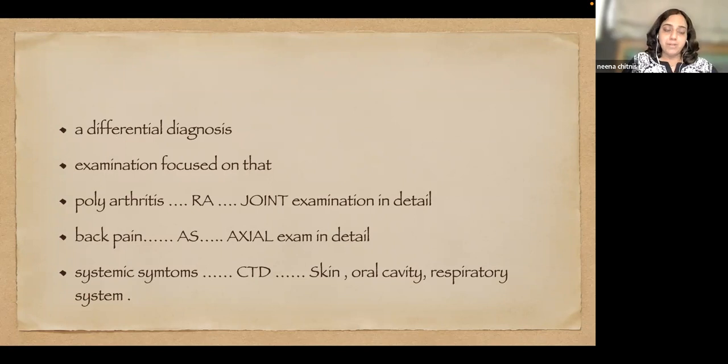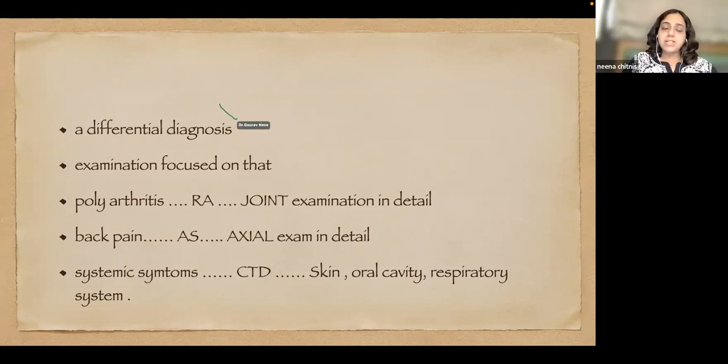So for example, if the patient, while telling you the history, has told you about polyarthritis, so the patient has pain and swelling and redness in the joints, somewhere you think, yeah, this could be rheumatoid arthritis. In such a patient, you are going to examine the joints in extreme detail.